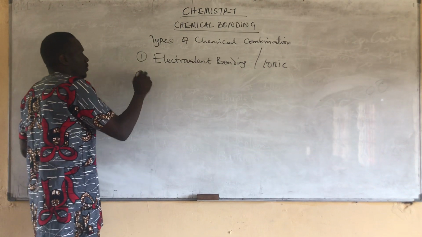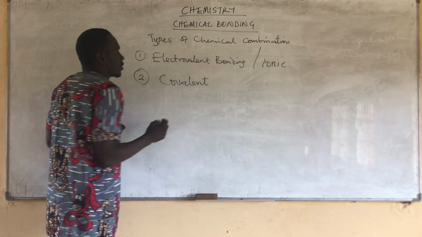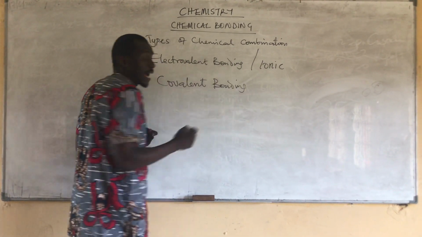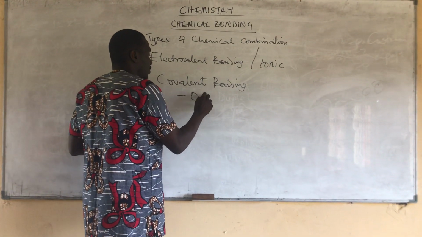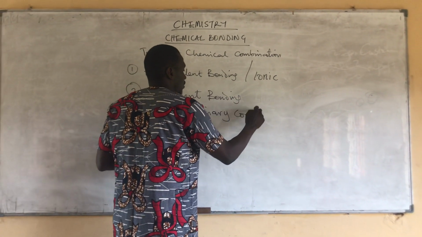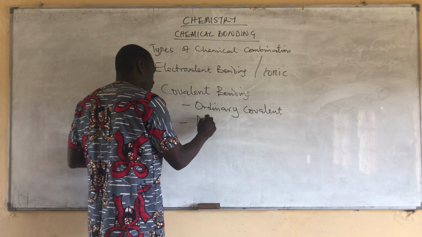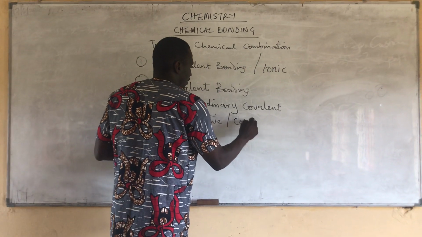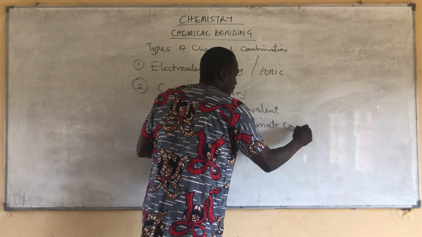Number 2, we have covalent bonding, which can be further split into ordinary covalent, dative, or coordinate covalent bonding.